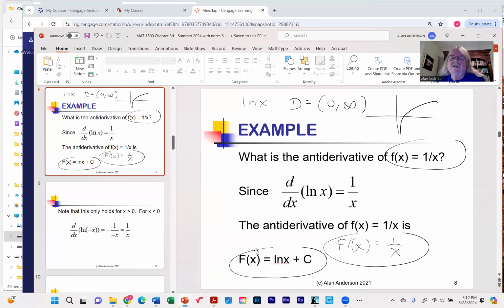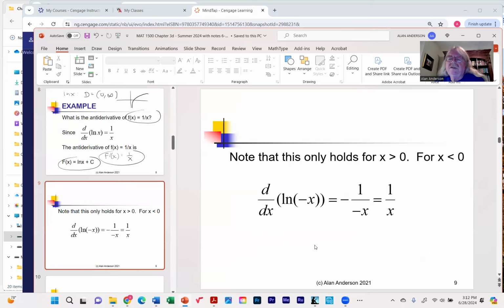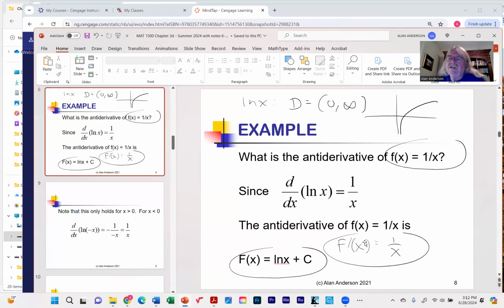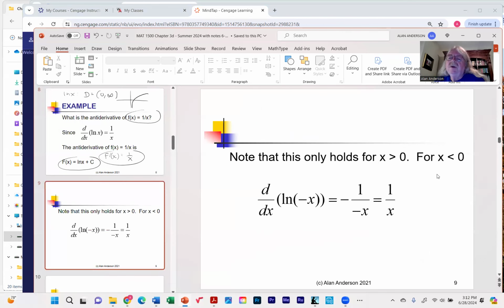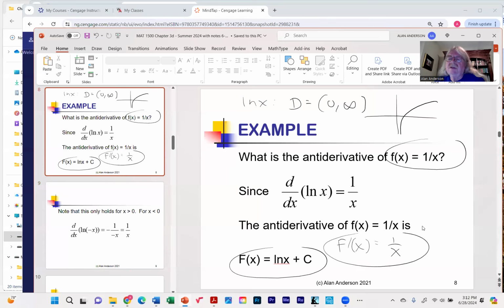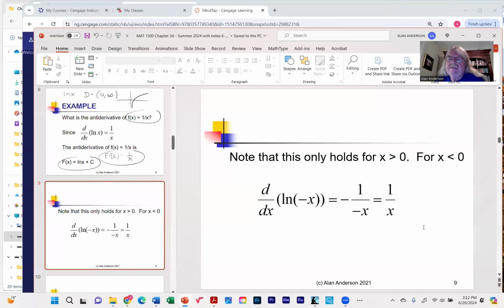And so that means that the antiderivative is going to be different if we have a negative x. In other words, you can define the antiderivative for negative values, but you're going to end up with something a little different. Well, actually, in this case, it's the same thing, but we have to be careful to keep an eye on the domain when we take integrals or antiderivatives.